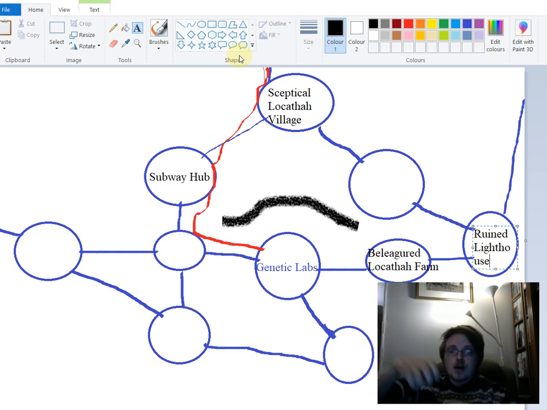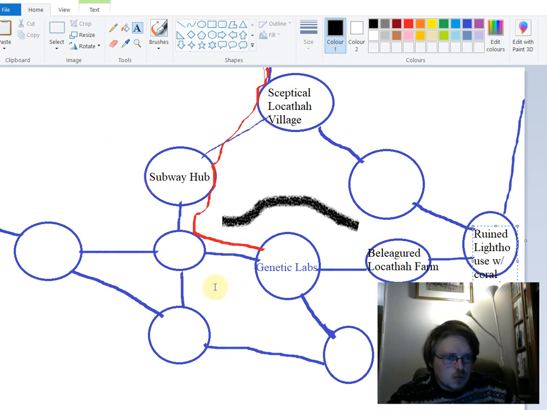So if you come this way, you have essentially a combat encounter to start with, unless you manage to sneak around. And the ruined lighthouse could be with a set of inner coral atolls. So you're funneled toward it unless you very intentionally seek to go past, and the Sahuagin can still see you and chase you. So you've got the ruined lighthouse. You then can get through to the Locathah farm, who, as you can see, is now stuck between Sahuagin outposts.